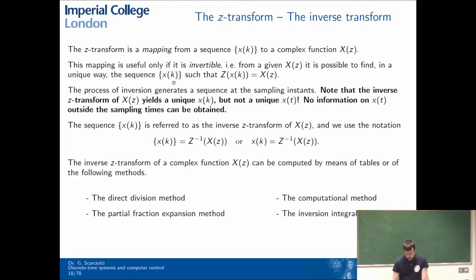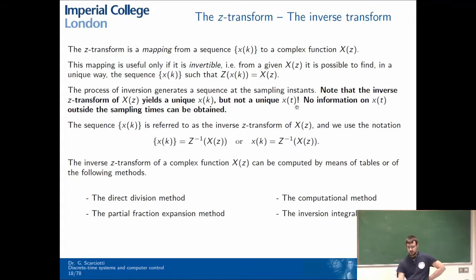However, you have to notice that this doesn't mean that we recover a unique continuous time signal. The reason is that while there is a one-to-one relation between the Z-transform and the sequence, so given a Z-transform there is a unique sequence, we saw in the previous discussion that an infinite number of continuous time signals are associated to a sequence, because we don't have any information between the sampling times.